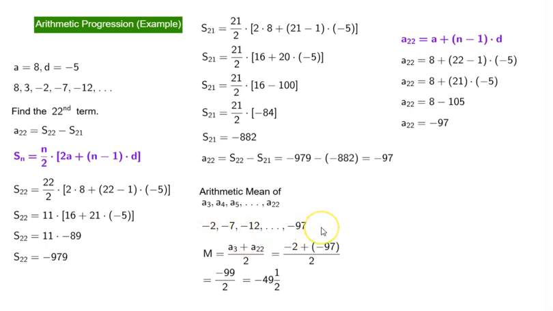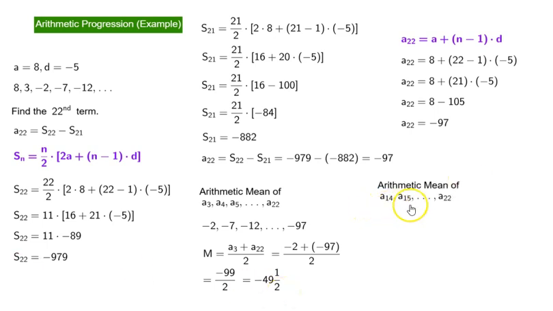So since this is also an arithmetic progression, first plus last divided by 2 gives us the mean. So this gives us -99 by 2, which is -49.5.